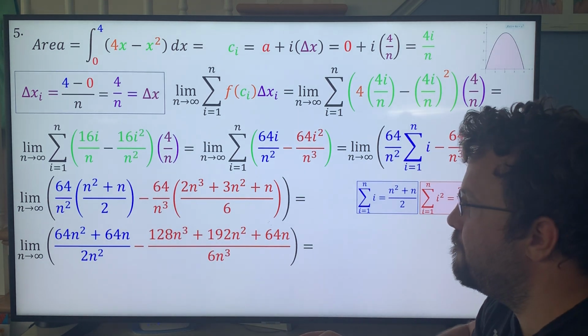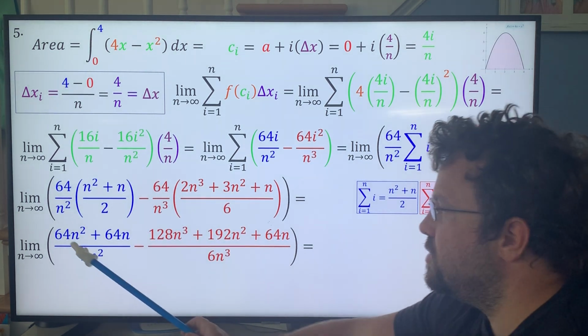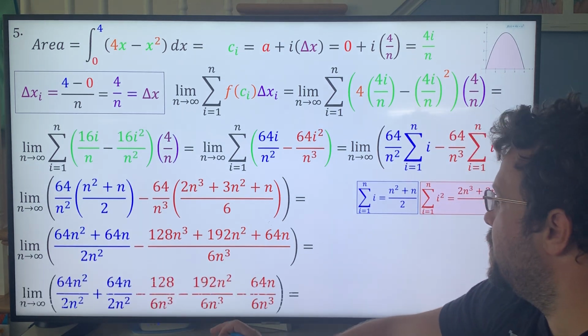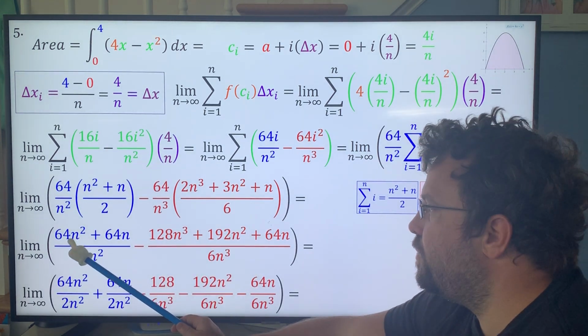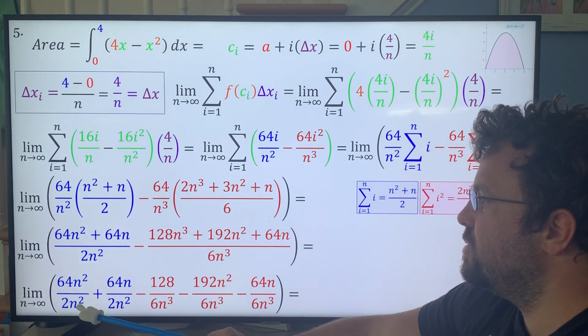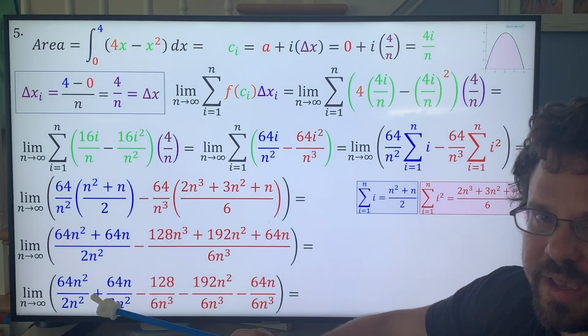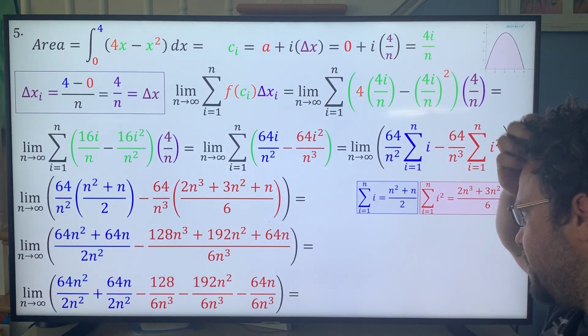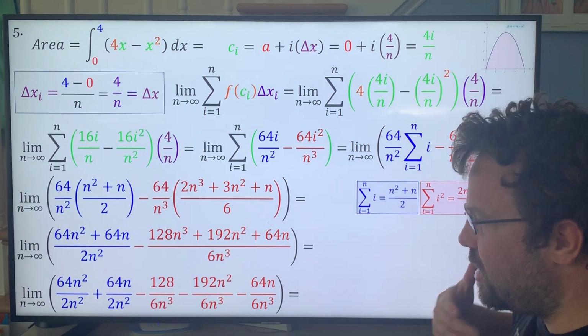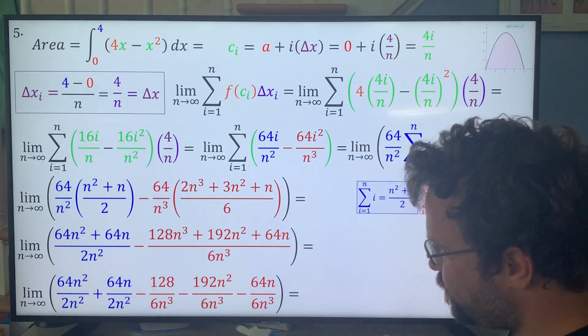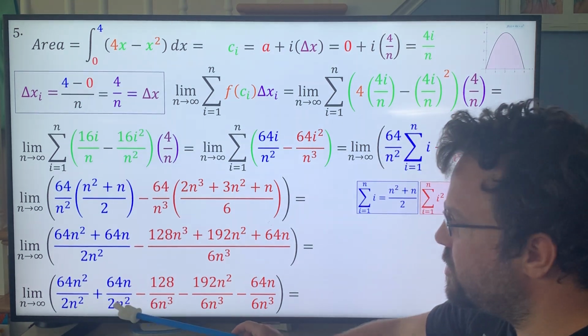All right? Now, what you do next is you reduce 64 and n squared, so you can divide all 3 of these by this number, and you don't have to expand it like this. This is just to show you in case you didn't get it before. I just had more space here, so it's a little bit easier. And then reduce all these.